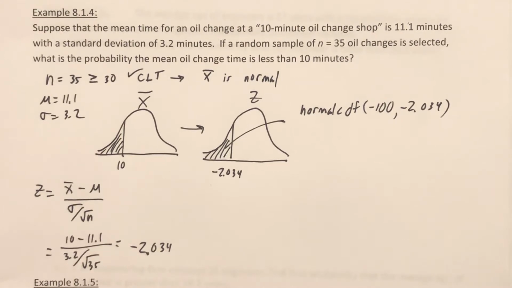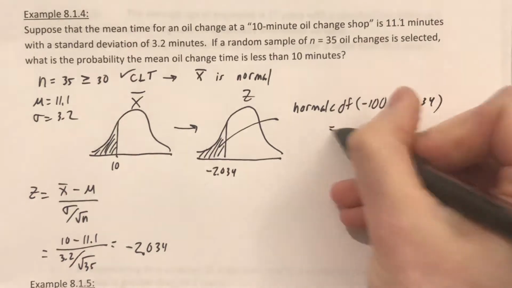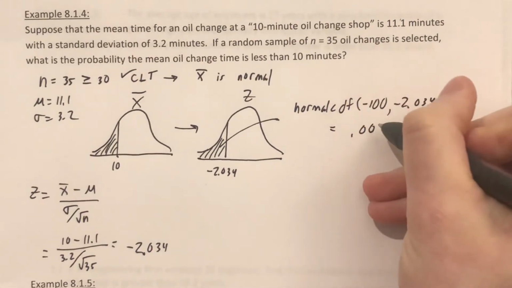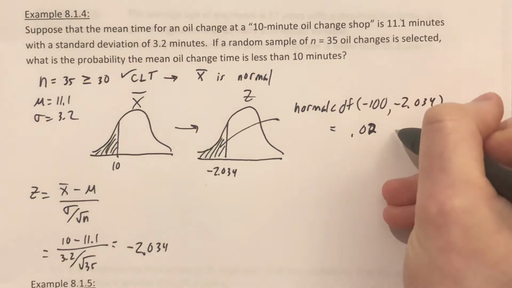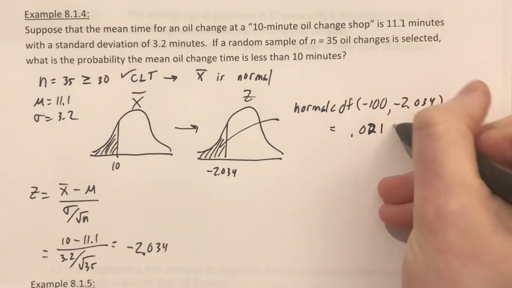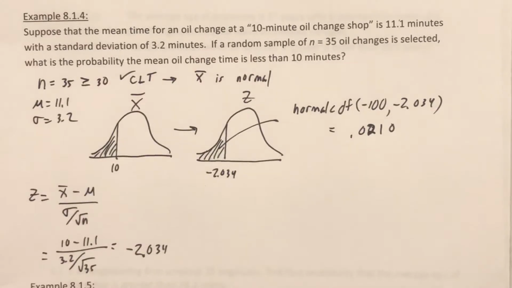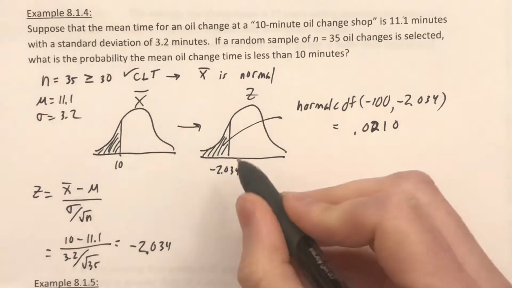Again, make sure to use your negative sign, not the minus sign, when you're throwing those negatives into your calculator. And that's going to give me 0.0210 for the probability, or the area under that curve.